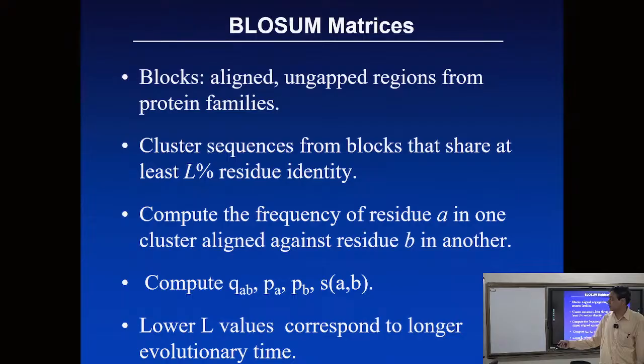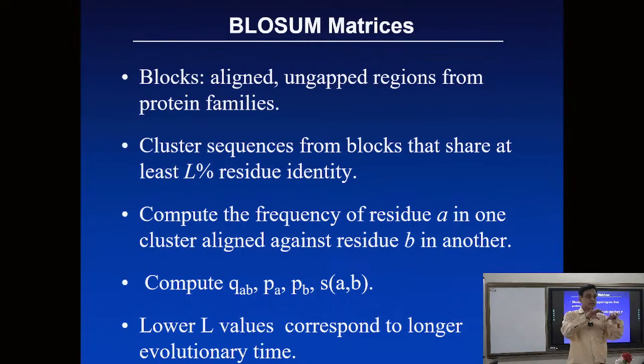The probability of residue A aligned to residue B, QAB, due to relatedness, and probability PAB due to random chance, and then you can compute the score for the alignment of residue A with residue B. Okay, but using the across cluster comparisons.